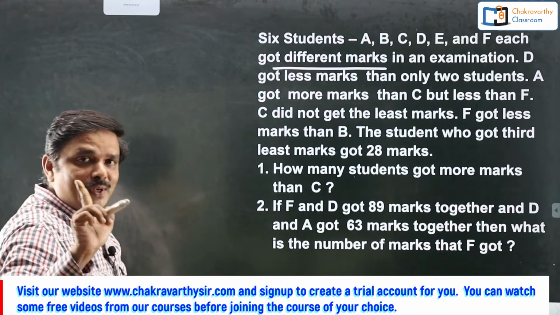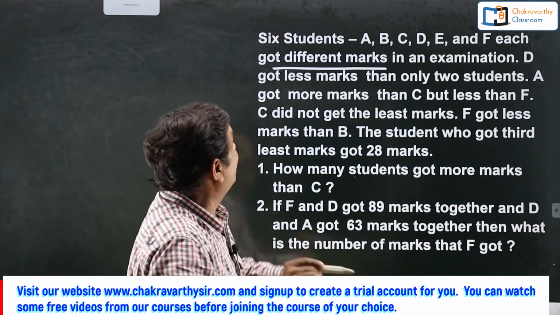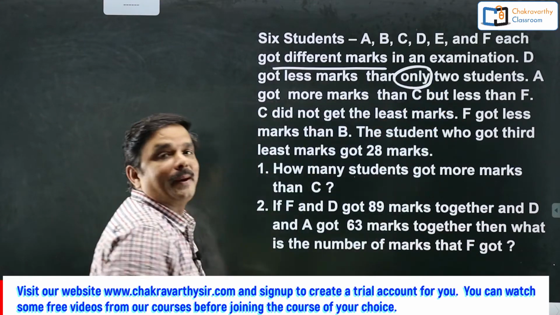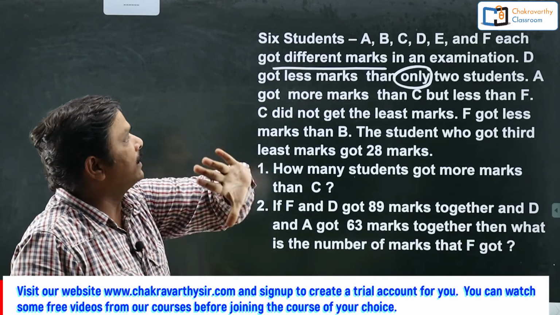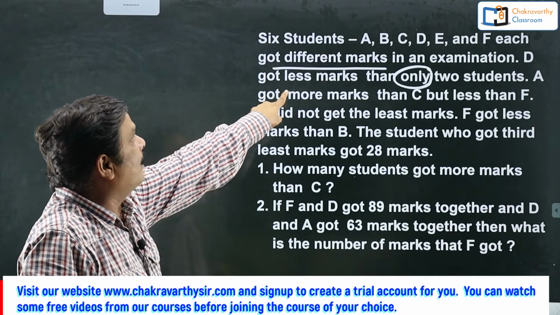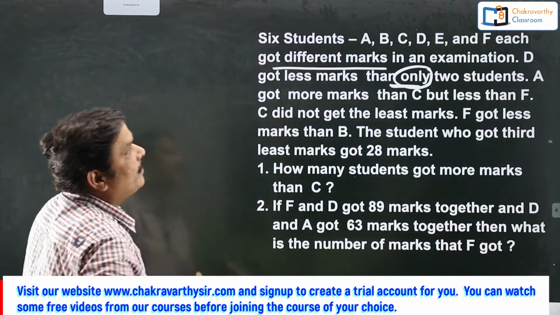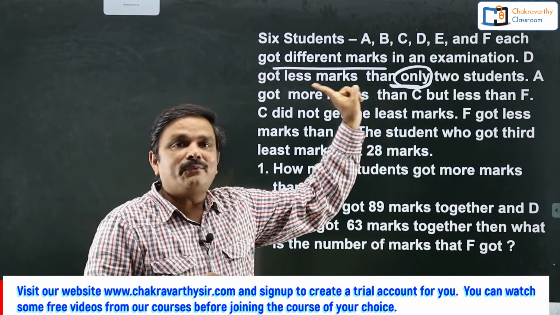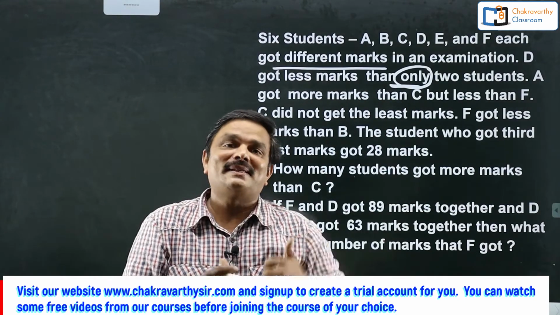But students, always remember, I have told you in the basic classes also, the word only plays a vital role in comparison questions. How is that one? The sentence here they have given that total 6 students are there. D got less marks than only 2 students. With the help of the word only, here you can confirm the place of D directly on the chart and indirectly other places also.